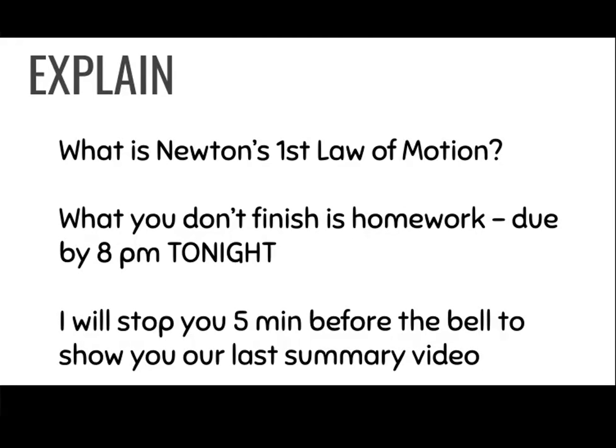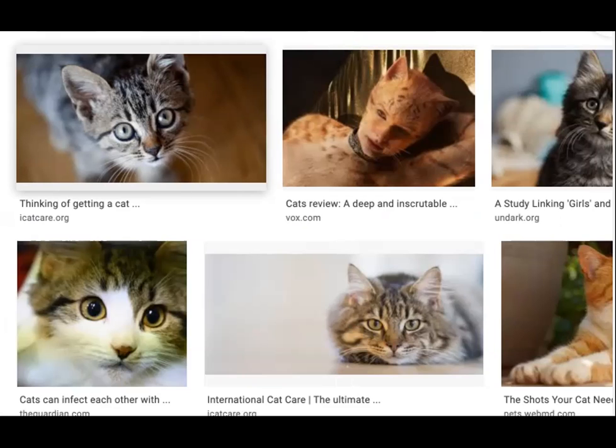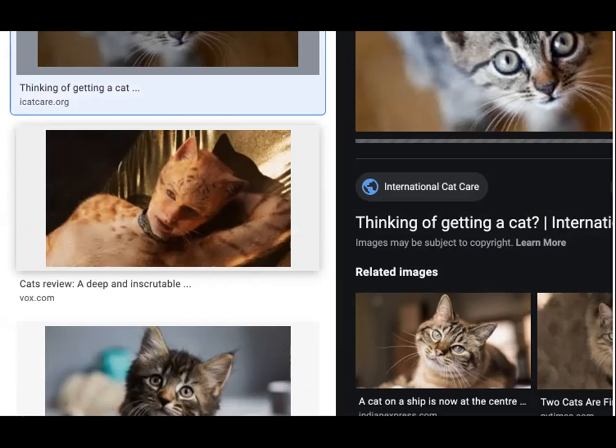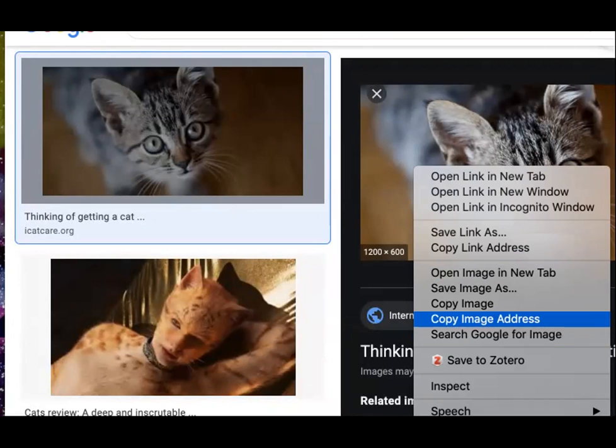Yes, Faith. So when you're doing your images here, notice if I click on this, then on the right side, the image pops up. If I copy image address from the right side, that works better. Oh, image address. I did link address. Okay. Image address. Okay.